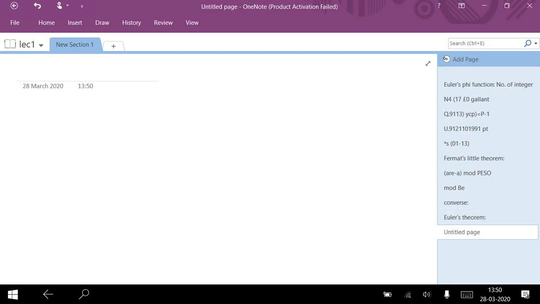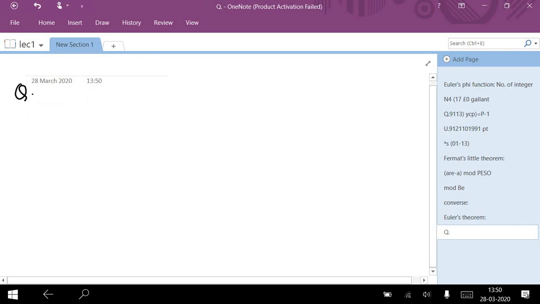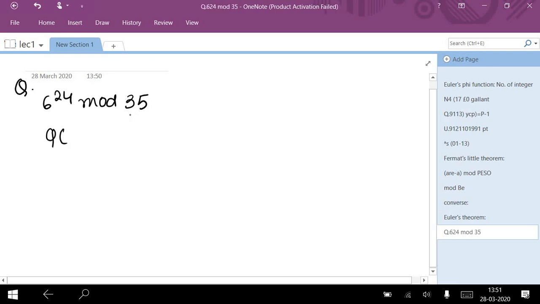So what are the examples? The first example is 6 to the power 24 mod 35. So first you have to calculate the value of phi p. This is the value of p, this is the value of e. So what is the value of phi p?